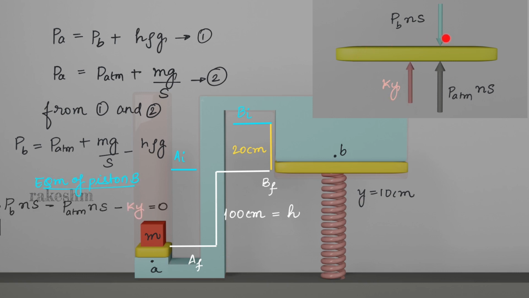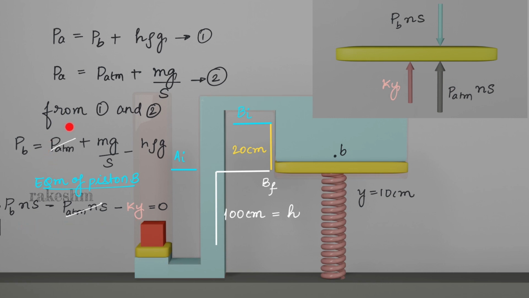Now from equilibrium of this piston, we can write net force equals 0. So from equilibrium of piston B, P_B into N into S minus P_atm into N into S minus Ky equals 0. I have shown you the directions here, so accordingly we can write this equation.